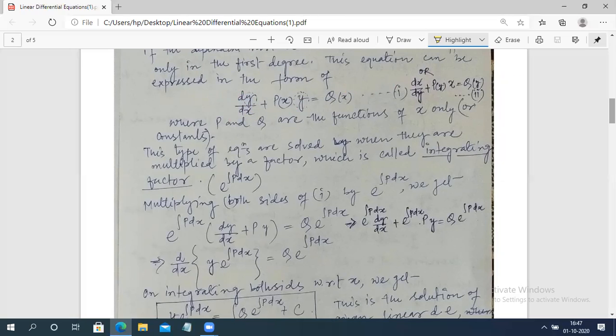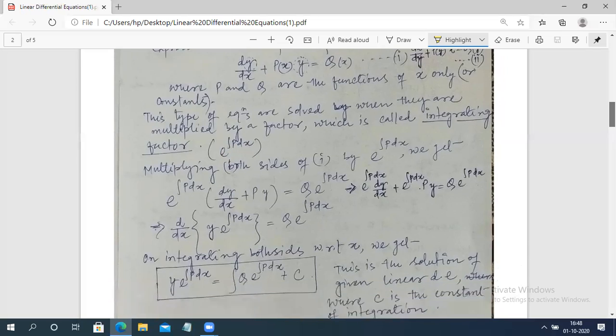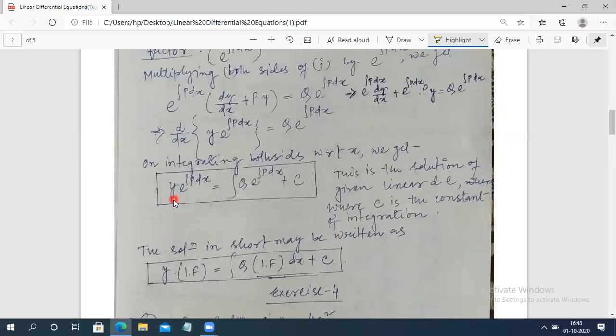Anyway, you have to identify the terms p and q, and then find the integrating factor through this formula, e raised to the power ∫p dx, and then find the solution directly as the formula is here. y into integrating factor is equal to integration of q into the integrating factor plus c.